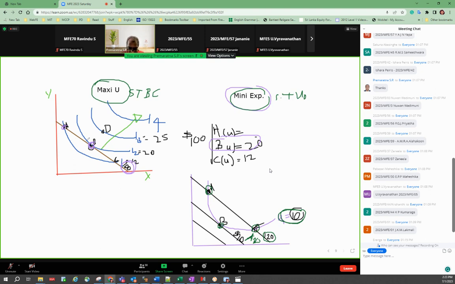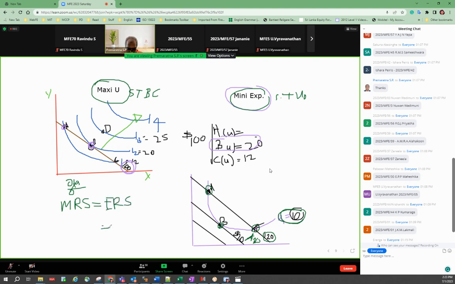You can see this B point in both cases. The slope of the indifference curve, that is the MRS, equals the slope of the budget line. This is what we call the equilibrium condition.